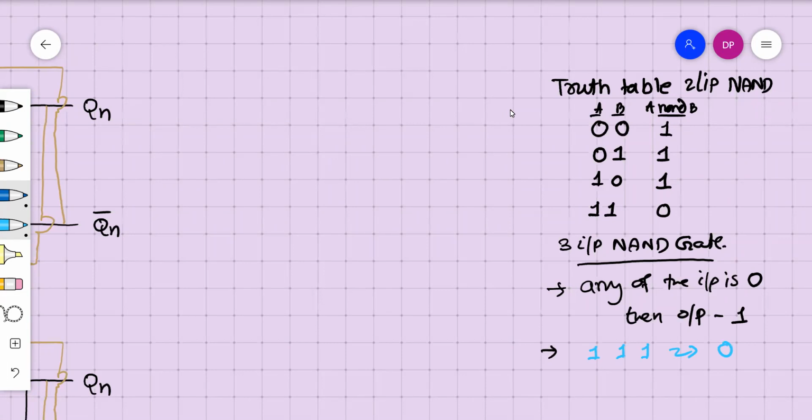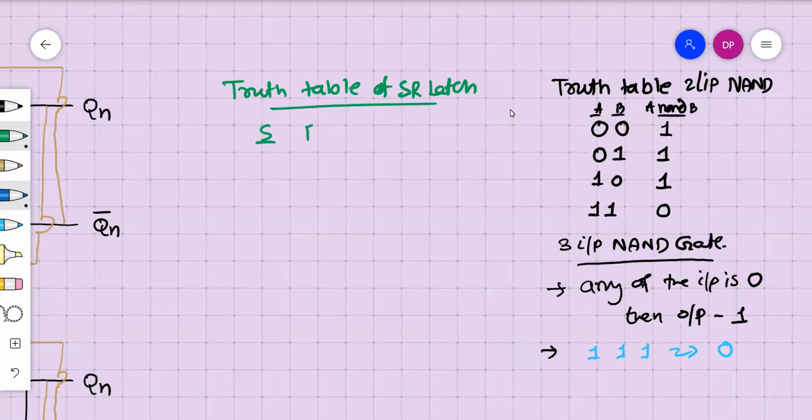Along with that, let me make a note of the truth table of the SR latch, NAND based. The values of S and R are 0 0, 0 1, 1 0, and 1 1.